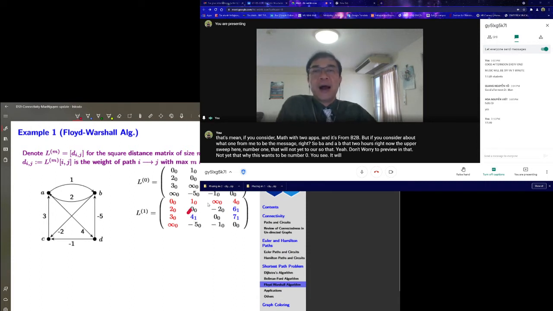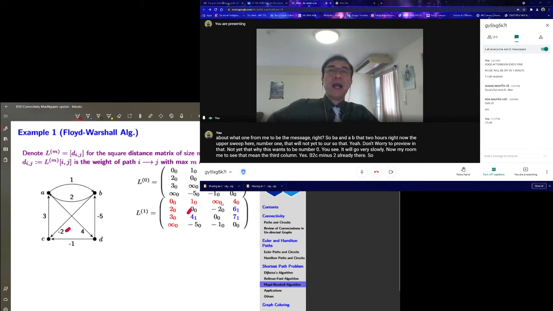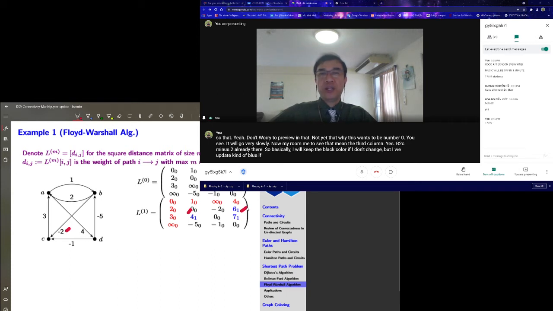Now about from B to C, that means the third column, yes, B to C, -2 is already there. So basically I will keep the black color if I don't change, but I will update in blue if there is something changed. You follow me? So now from B to D, the second row and the last column.